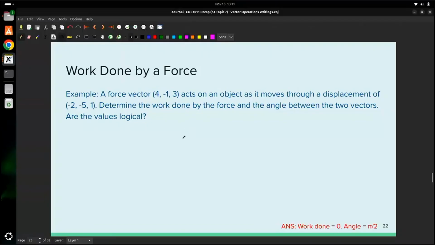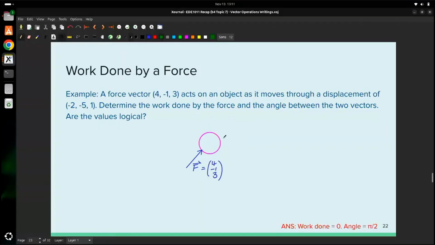So this is actually a three-dimensional vector. Let's say we have this object, and then there is a force. This is your force vector F, which in this case is 4, -1, 3. It is acting on the object, and the object is moving through a displacement vector of -2, -5, 1. But the displacement is not in the same direction as the force.